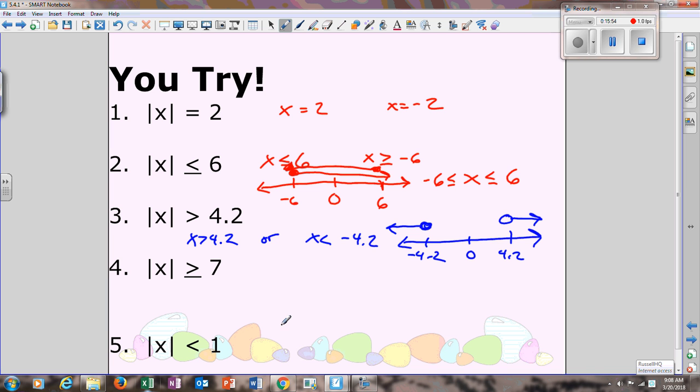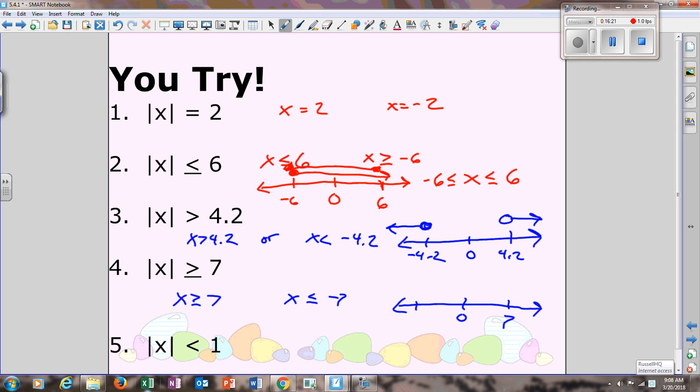Absolute value of x is greater than or equal to 7. It's going to be x greater than or equal to 7. Then x, flip your inequality, make it negative. When you graph it, it's greater than or equal to 7.